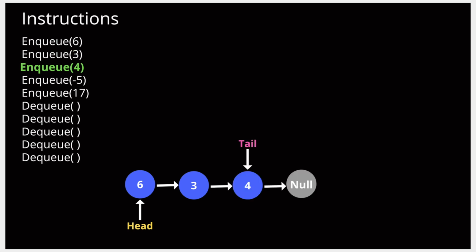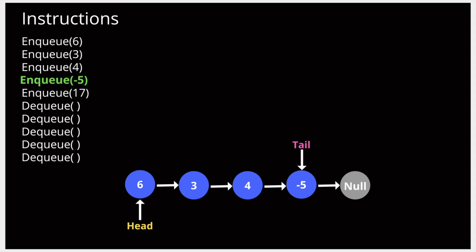If you pay close attention to this pattern, you will discover that we are moving the tail to the new element that we just added. So if I enqueue -5 here, you can see that the tail now points to -5.